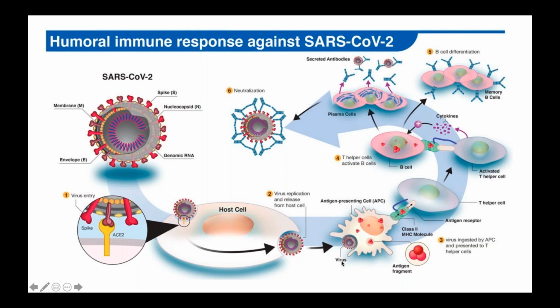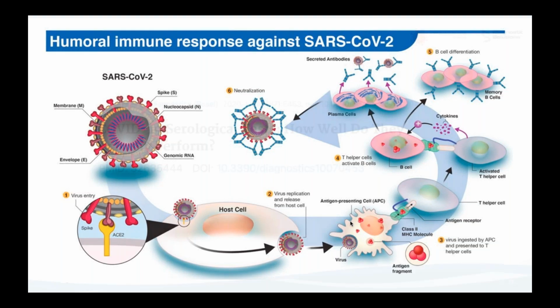The first immune response is always the innate immune response. That's cells like macrophages and dendritic cells that are generally known as antigen-presenting cells. You'll see that here in the bottom right, this oddly shaped cell represents a dendritic cell or macrophage. Again, that's referred to as an antigen-presenting cell.